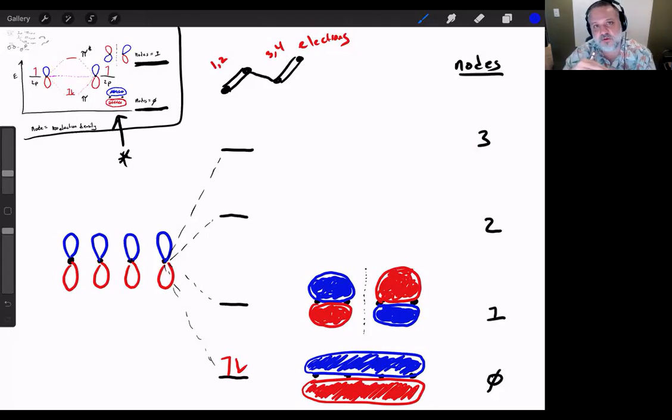We'll get 0 nodes at the lowest energy orbital, and we'll get 1 node at the next one, 2 nodes at the next highest level, 3 nodes at the next highest level, and so on, until at the very top of the energy chart you'll have 1 less node than you do atoms. What else falls out of the math is that the phase changes when you move across the node.